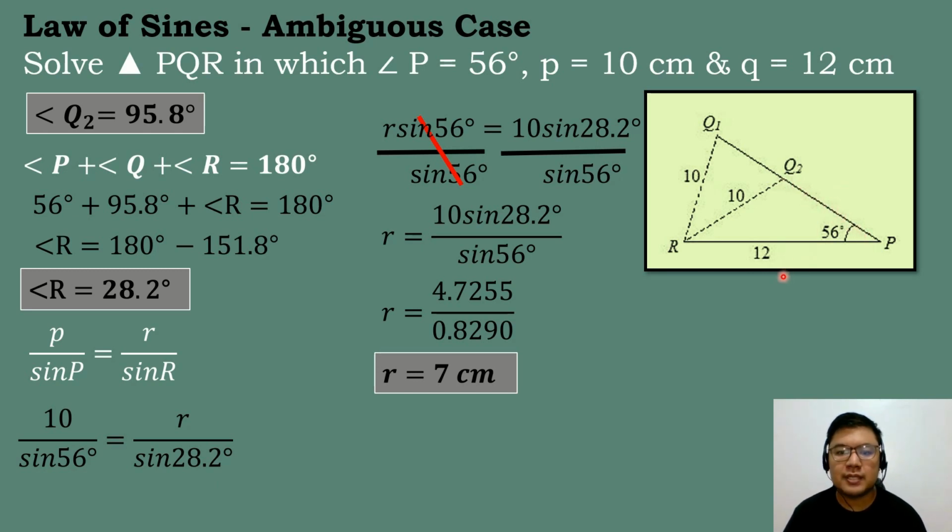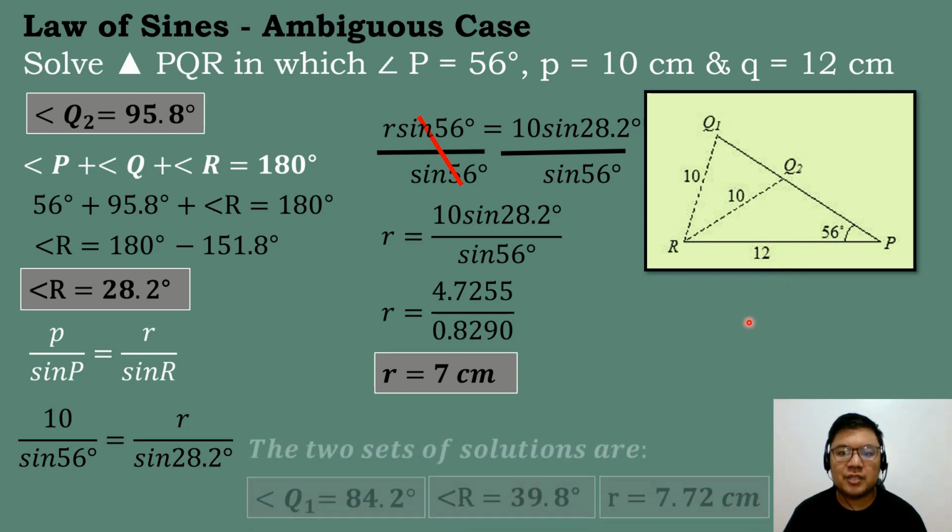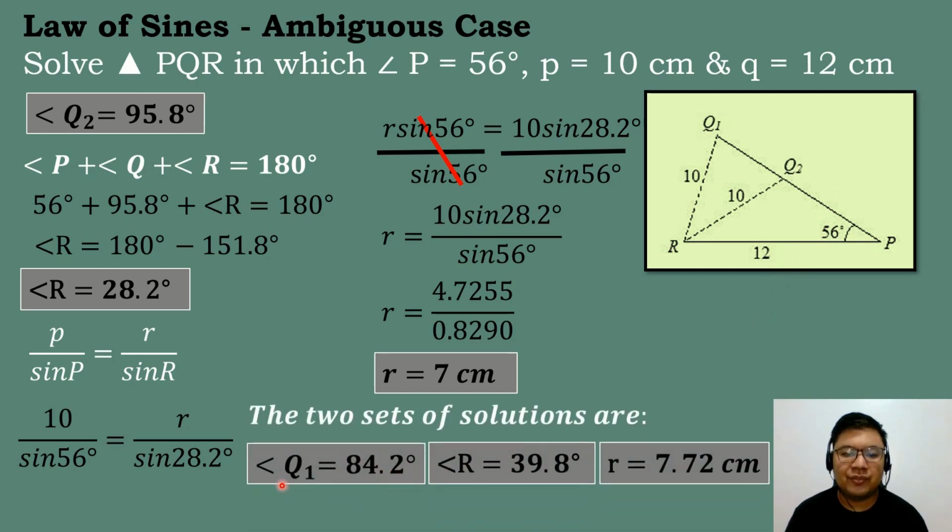So we have two sets of possible solutions. For the first one, the measure of angle Q sub 1 is 84.2 degrees, the measure of angle R is 39.8 degrees, and the measure of side R is equal to 7.72 centimeters.